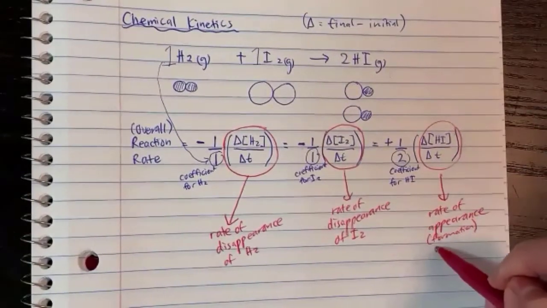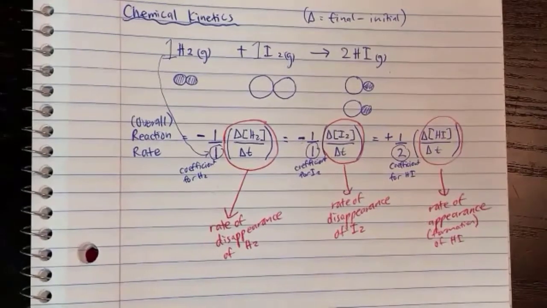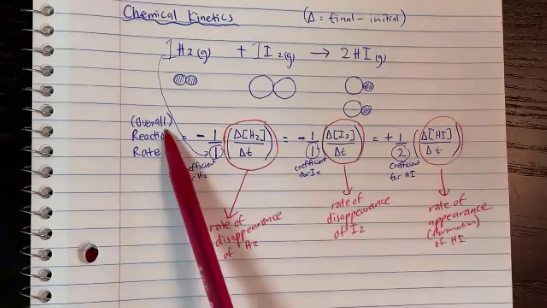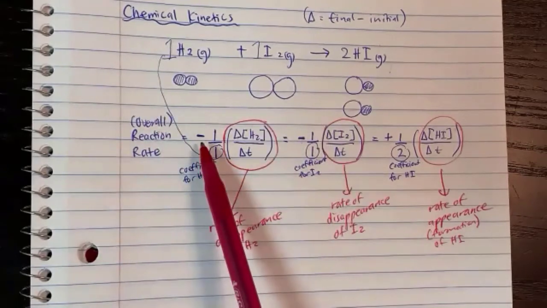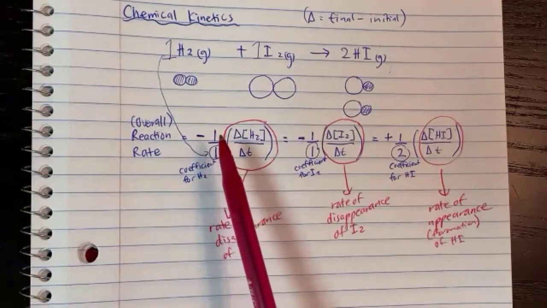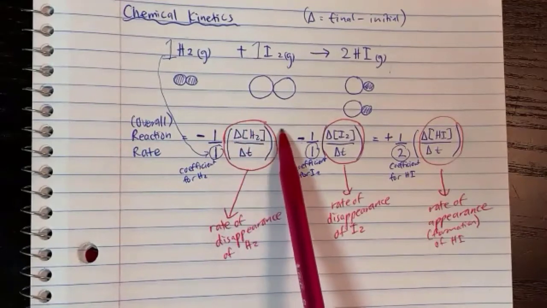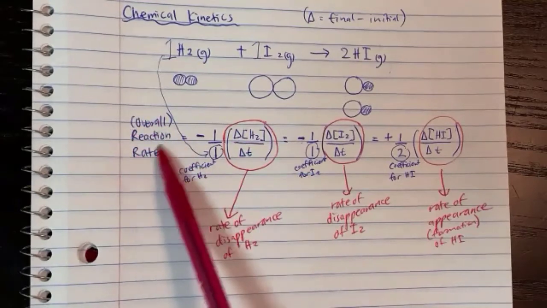Okay, formation of HI. So there's a lot of pieces of information for you to calculate reaction rate. For the overall rate, you have to notice if it's a positive or negative sign, take into account the coefficient, and the rate of appearance or disappearance of the item that you're speaking about. That gives you the overall reaction rate.